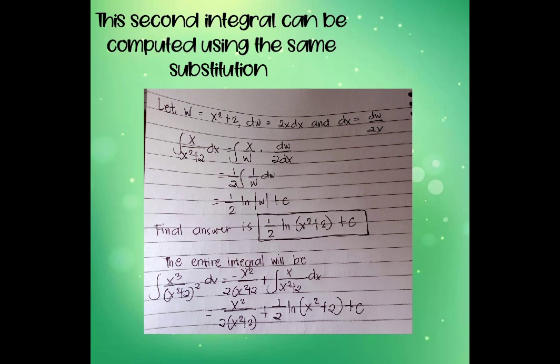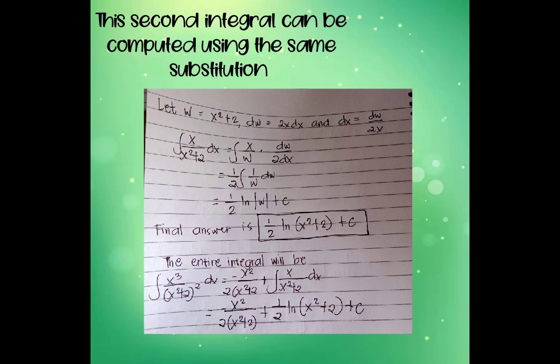By following the constant rule again, we put 1/2 outside the integral of 1 over w dw, which is exactly 1/2 ln absolute value of w plus c. Remember that c is our constant. Without further ado, our final answer is 1/2 ln of the quantity x squared plus 2, plus c.